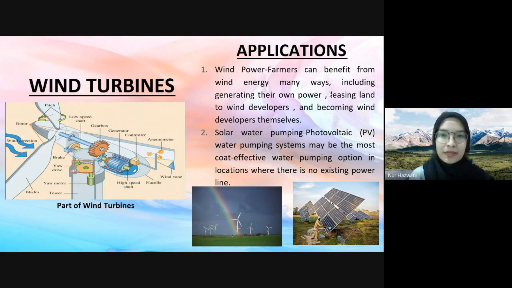The second one is solar water pumping photovoltaic, which is PV. It is the water pumping system, may be the most cost effective water pumping option in locations where there is no existing power line.